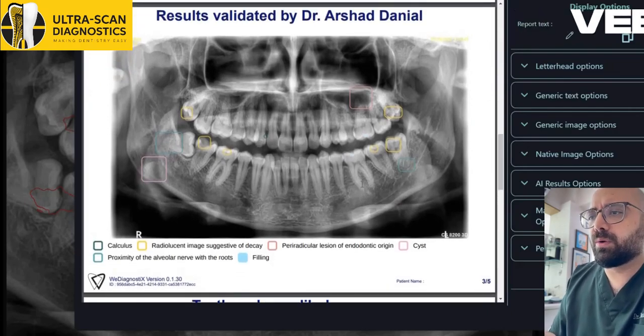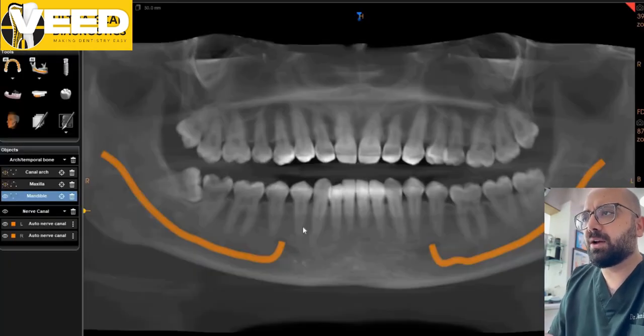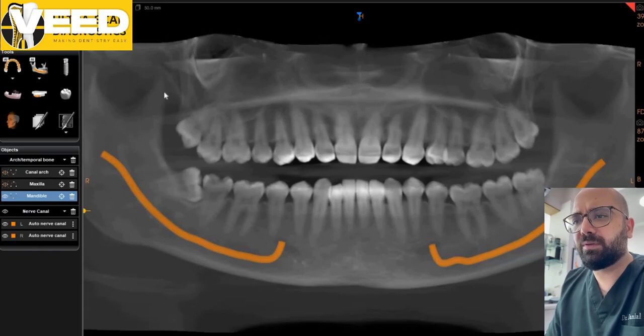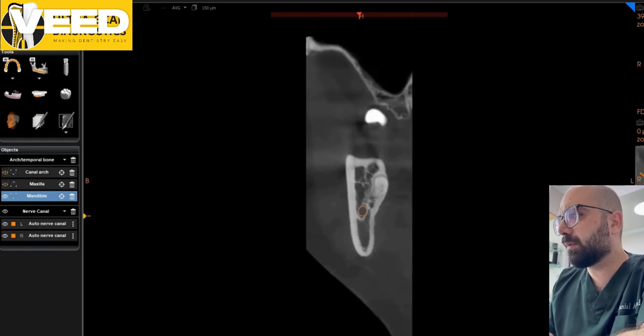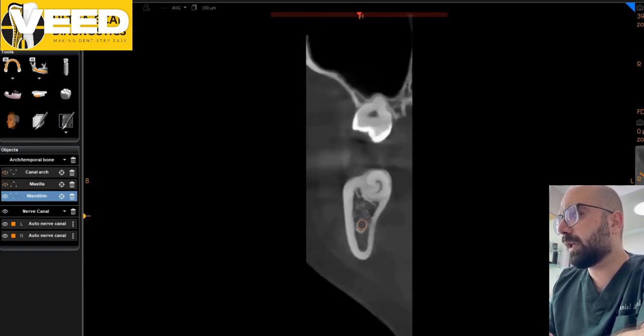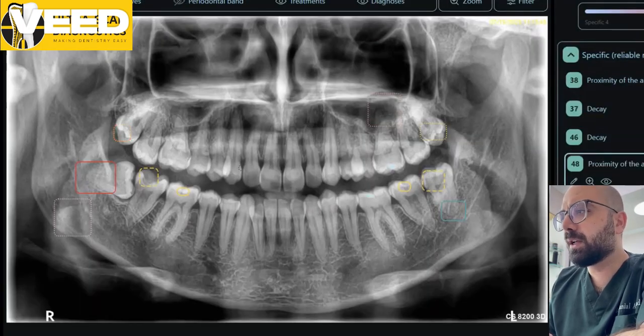Now we're going to go to the CBCT, which is right here, and we're going to try to verify each and every problem that's right there. So 1 point for our wonderful AI, which has found the upper right molar and its decay. The lower right, the AI shows us that it is very close to the inferior alveolar nerve.